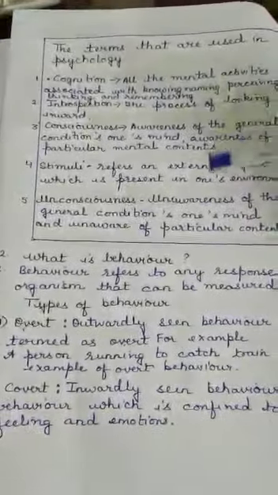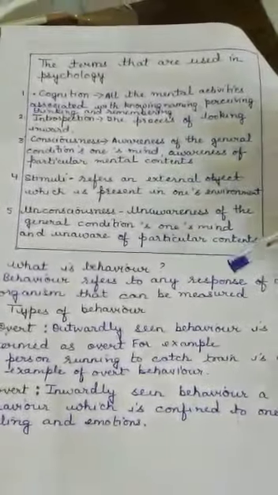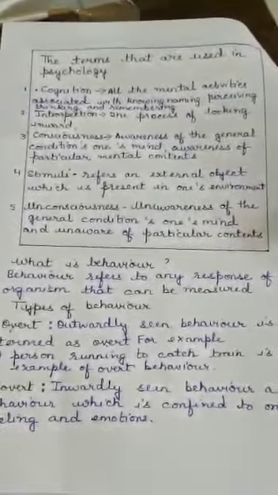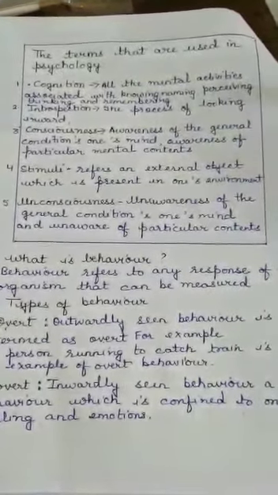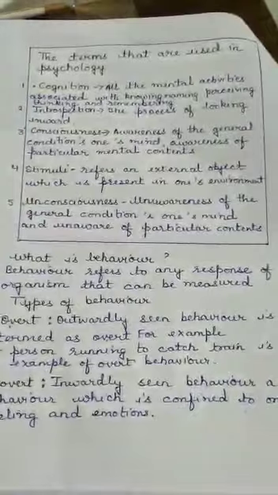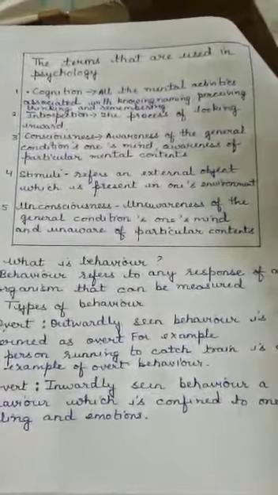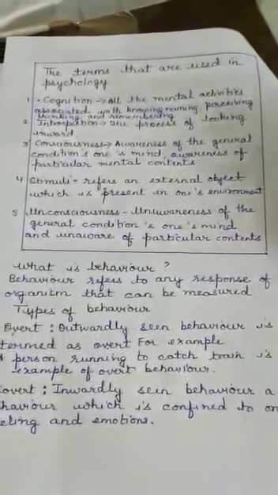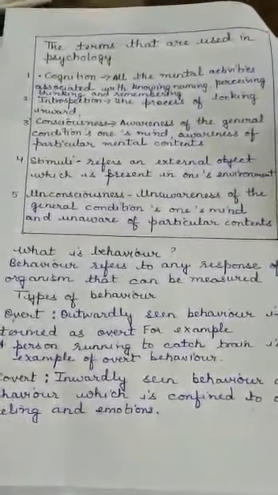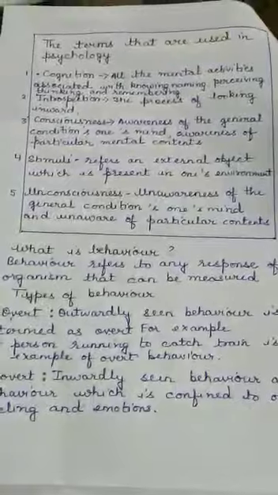Now let us know what behavior is. Behavior refers to any response of an individual that can be measured. Behavior comes out on the basis of reactions. When one is placed in a particular situation, anger and similar feelings are all responses of an organism.